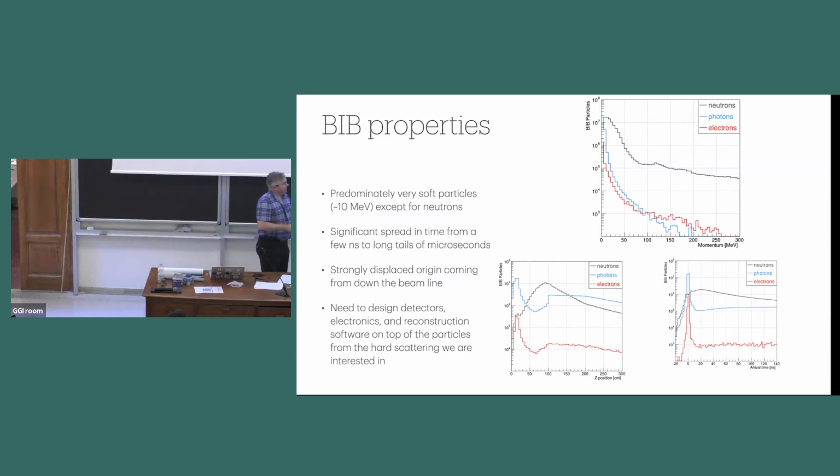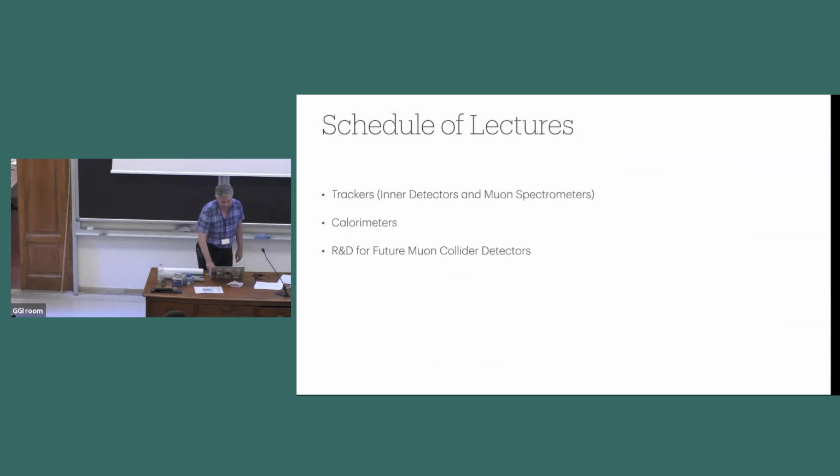So the Z position is not highly constrained around 0, but rather distributed throughout that region. And if you look at the arrival time, there's some component close to where the interaction occurred, but there are also a lot of particles that are very out of time with the actual interaction that we want to see. So we can use those things, namely that they're soft, displaced, and out of time, to try to reduce the impact on our reconstruction.